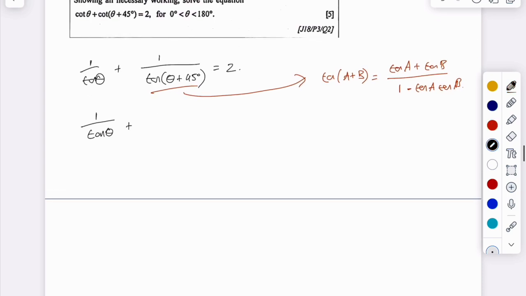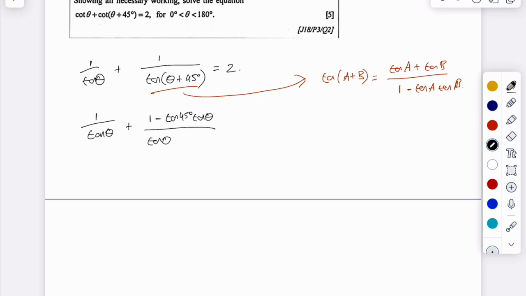So, in this instance, what we've got then is 1 over tan theta plus 1 minus tan 45 tan theta, okay, over tan theta plus tan 45. Okay, and that equals 2.